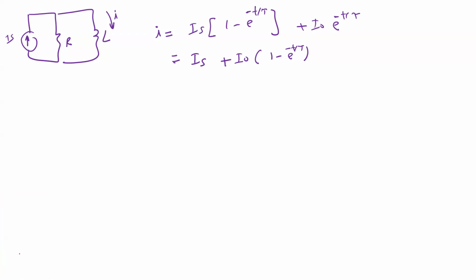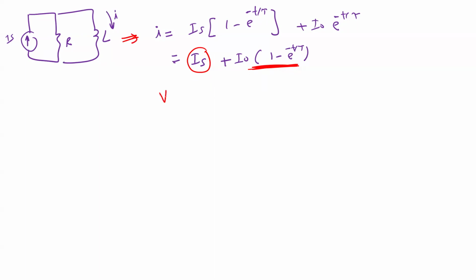As I told you before, for this format, this term is the steady state solution, so this is x of infinity, and this is because of the transient. So if you have this circuit, I can easily know what I is.